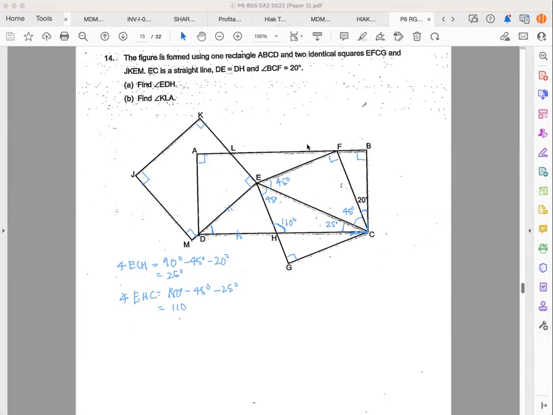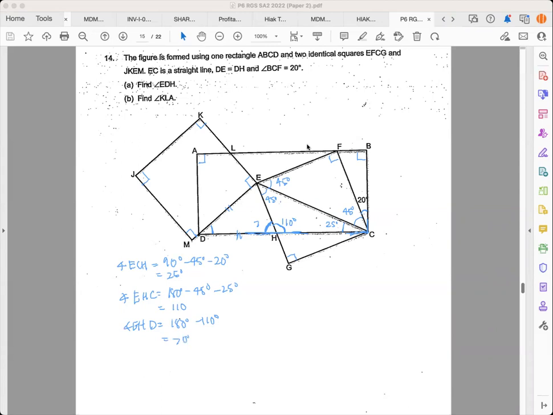Now that we got angle EHC, we can find this angle, which is the bottom of the isosceles triangle EDH. This is a straight line. So angles on a straight line add up to 180 degrees. Let's find angle EHD. Angle EHD, this angle, is equal to 180 degrees minus 110. And that's 70 degrees.